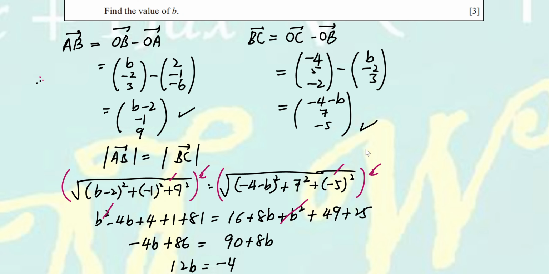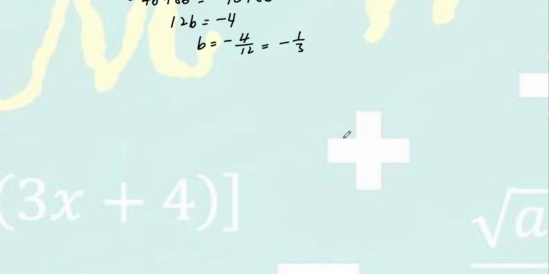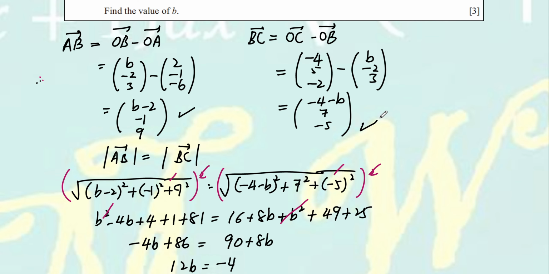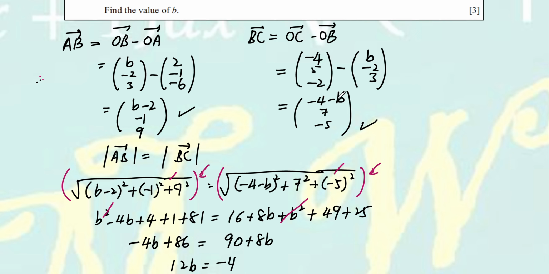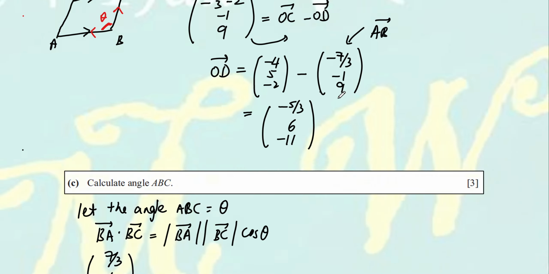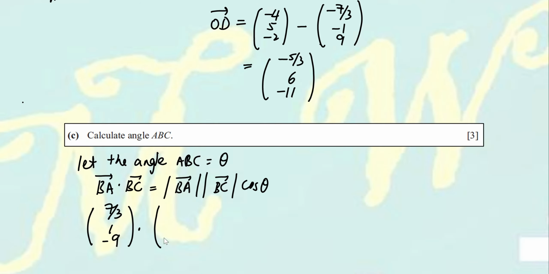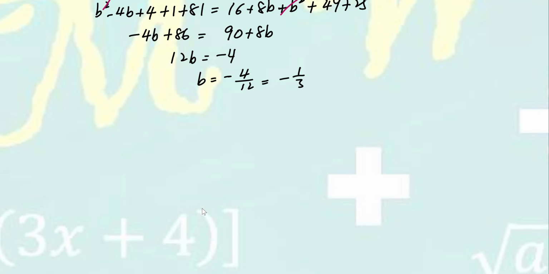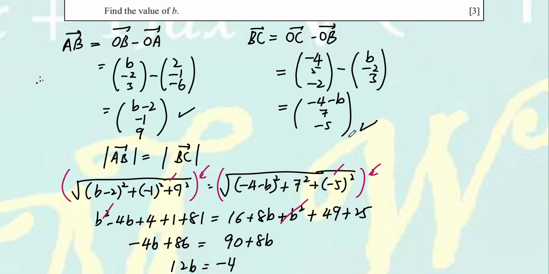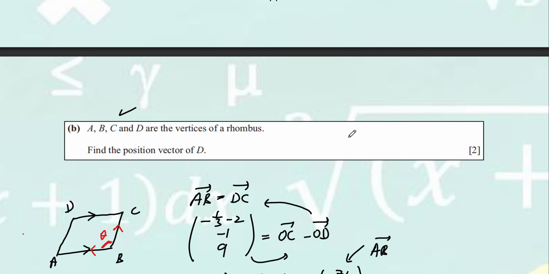BC is this value. So then replace the B by negative 1 over 3. So basically the first one is minus 4 plus 1 over 3. Then you will get minus 11 over 3. So here I will write minus 11 over 3. And then the other two components will be 7 and minus 5. Okay, just copy from the A.